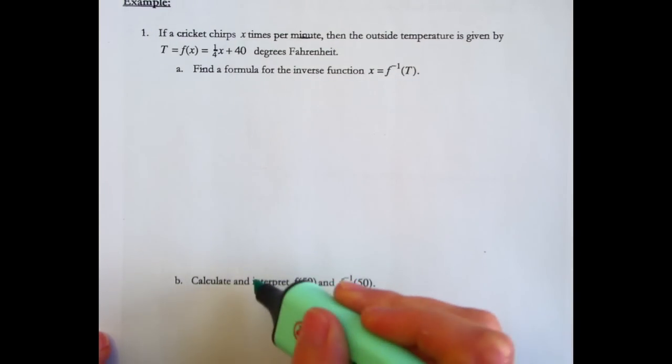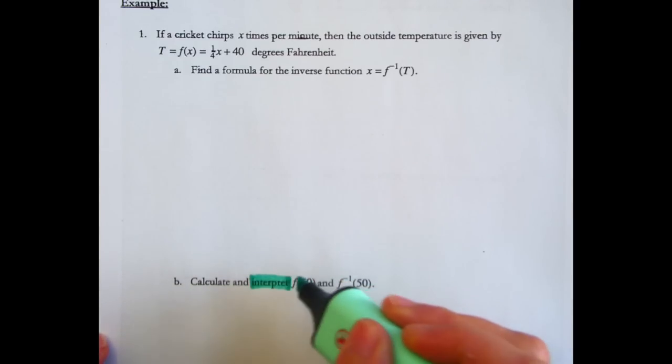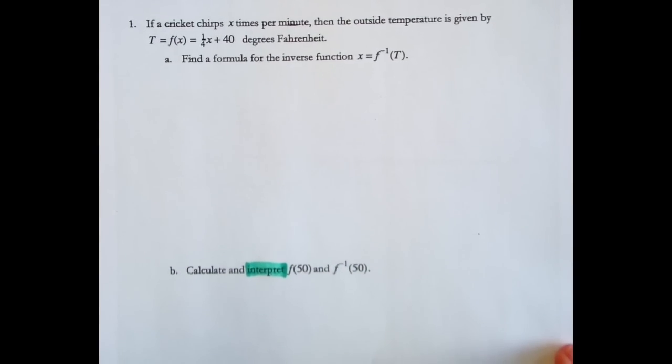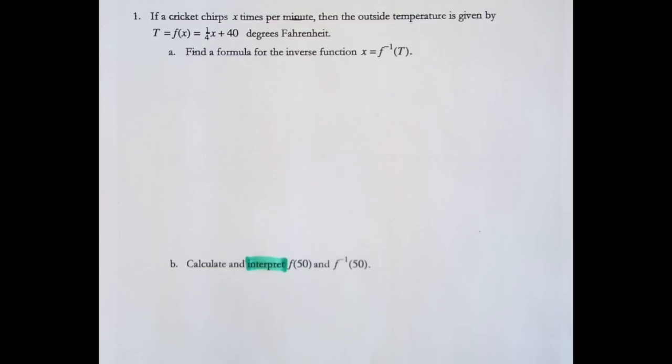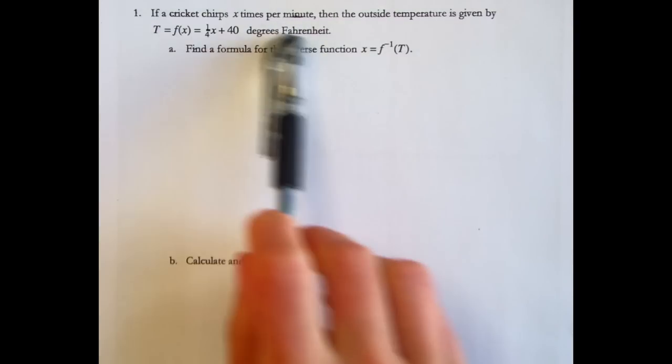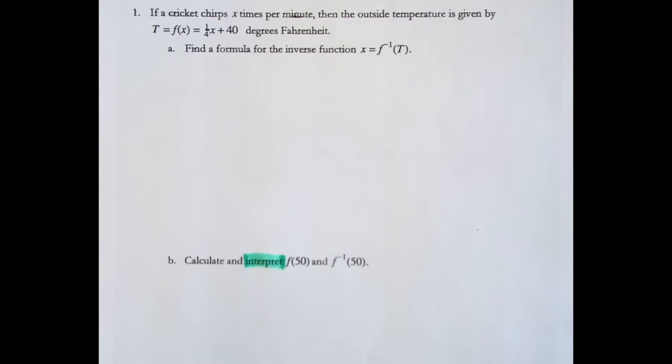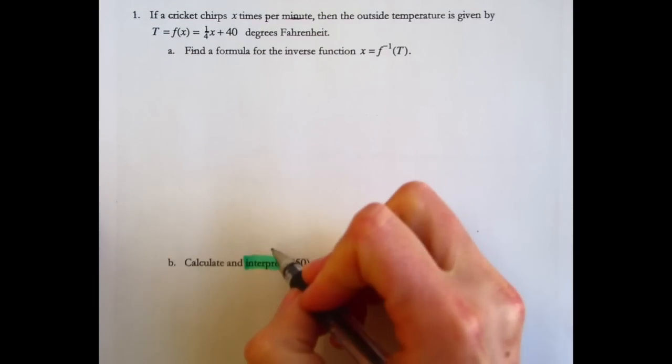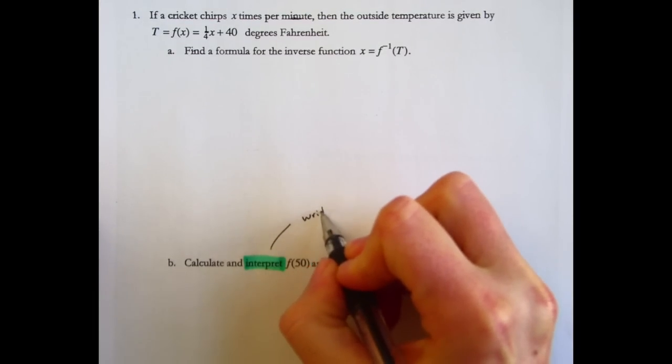In a free response question in math, when we're told to interpret, normally this means that we're going to return to the context of the problem. So I'm going to go back to the context I was given at the beginning, in this case, crickets and temperature, and I'm going to write a full sentence.